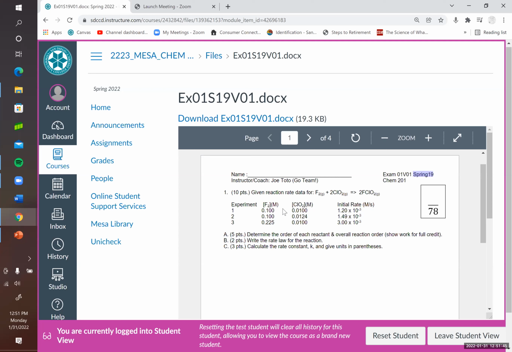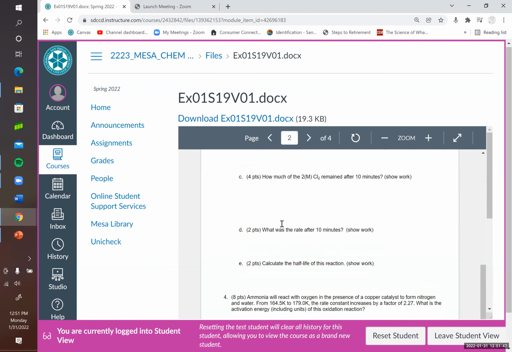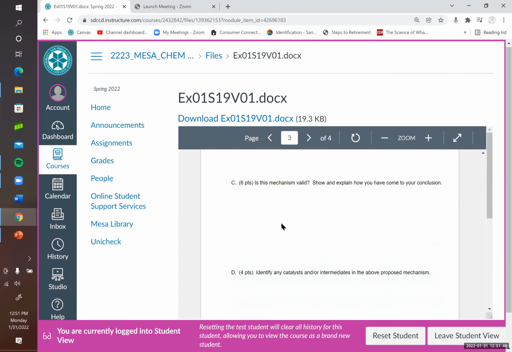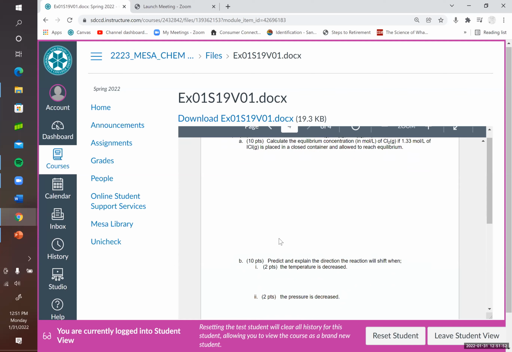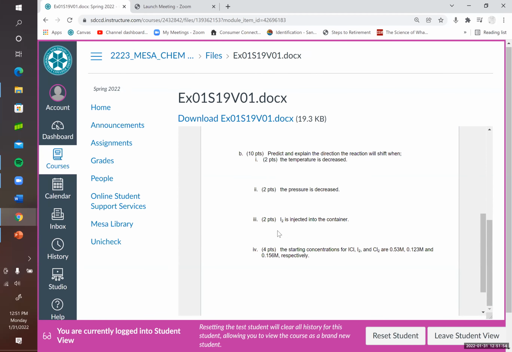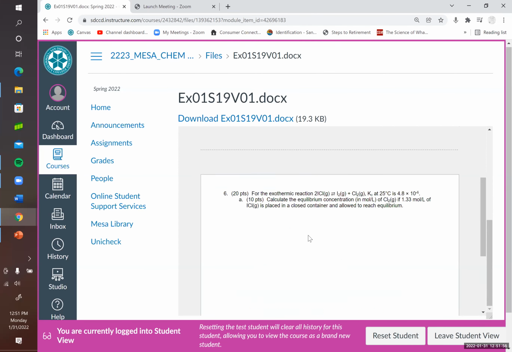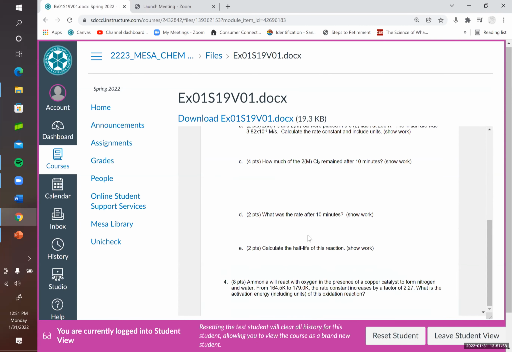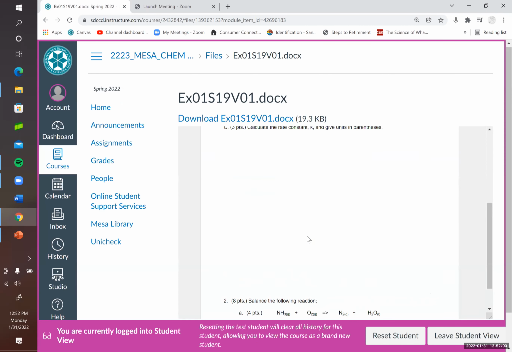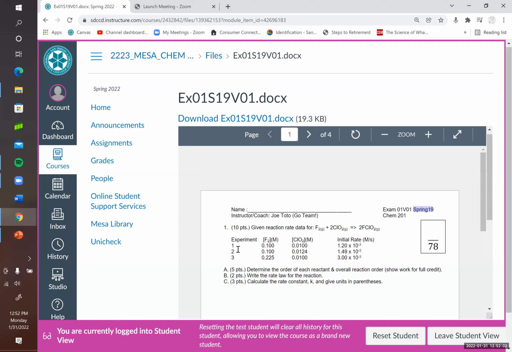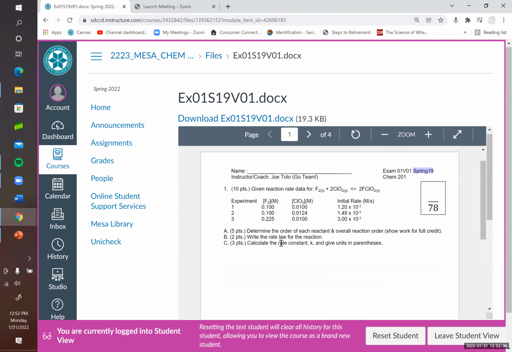So you want to be able to finish this exam in an hour and a half. It's about 4 pages, and there's all the problems with the points outlined and so forth. So after the next 3 weeks, we will have gone through material that would allow you to complete an exam up to this level.